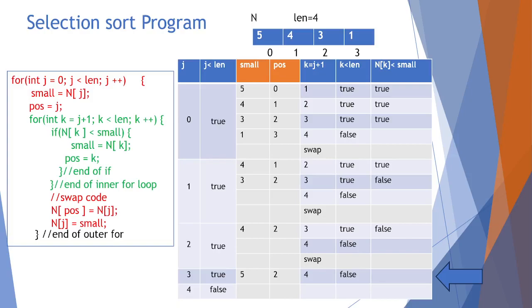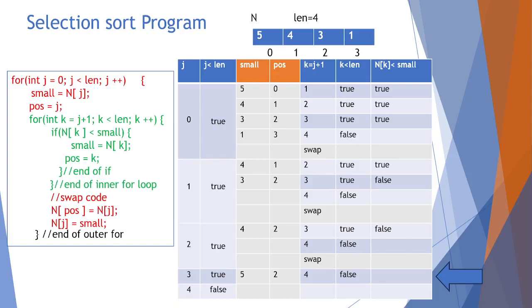Now k plus plus, k becomes 2. 2 index, if n of k, 2 index, the number is 3. If it is smaller than small, then update. So 3 is smaller, so small has 3 now and position 2.